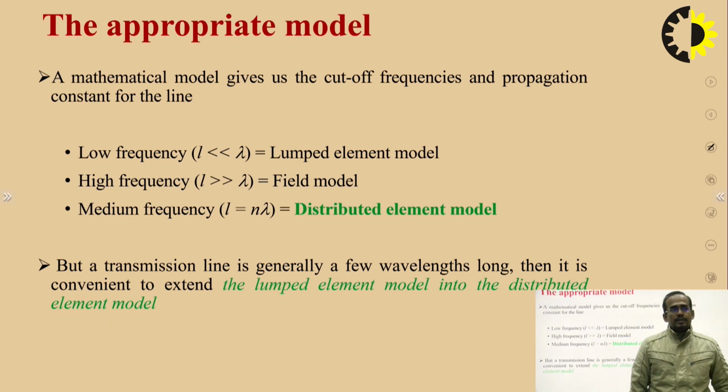For low frequency, we use the lumped element model, for high frequency we use the field model, and for medium frequency we use the distributed element model. But the transmission line is generally a few wavelengths long, so it is convenient to extend the lumped element model into the distributed element model.